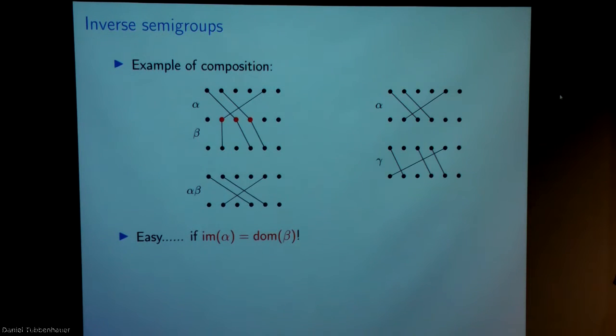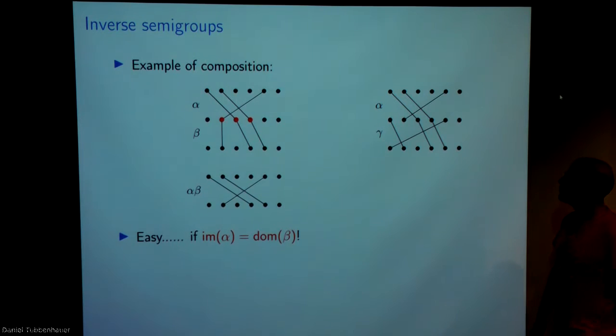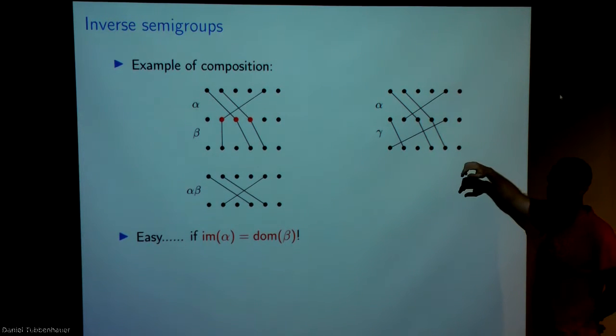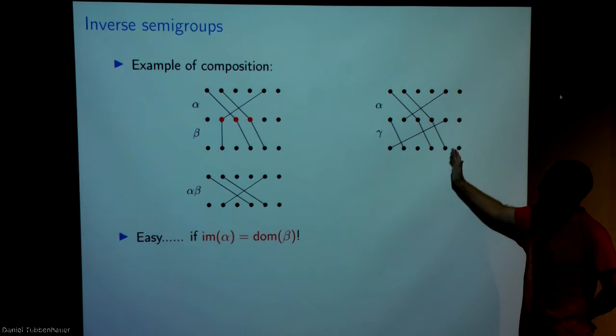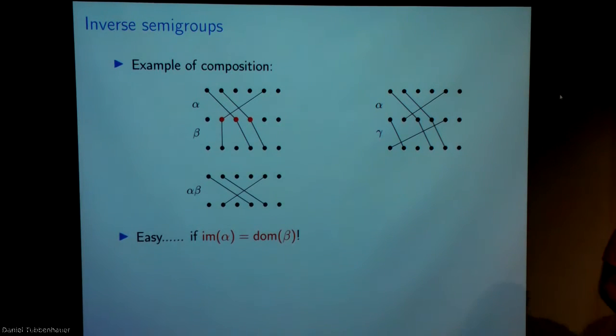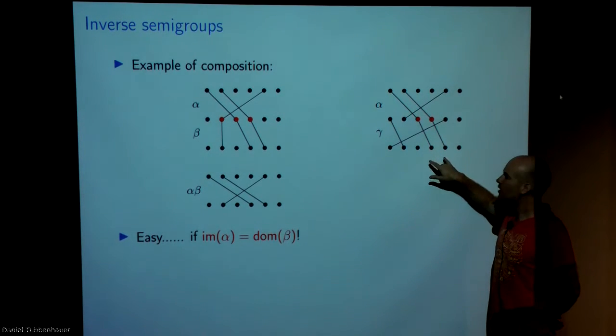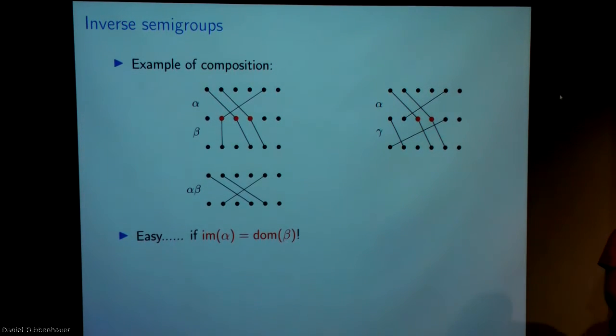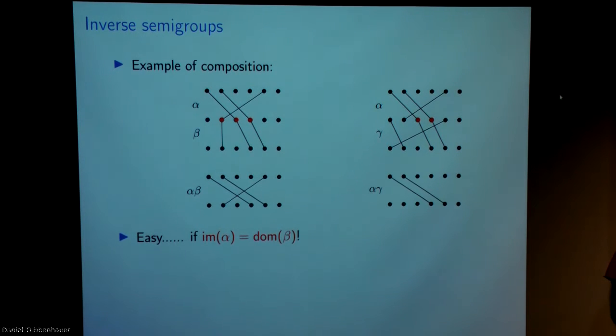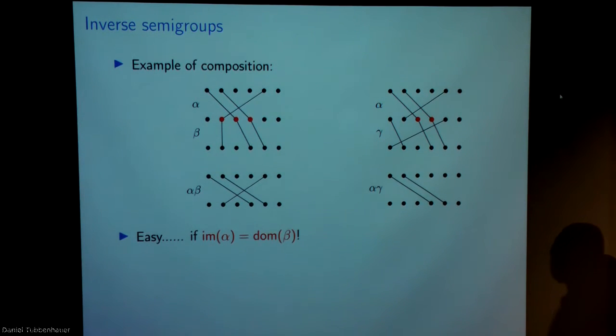Okay. I'm not claiming that it's actually difficult to compose these things when the domain and range don't match up, but it's easier when they do. So when you compose these, all that happens is you see which lines actually make it all the way through, and you throw away the other ones. So composing these things will end up with this.